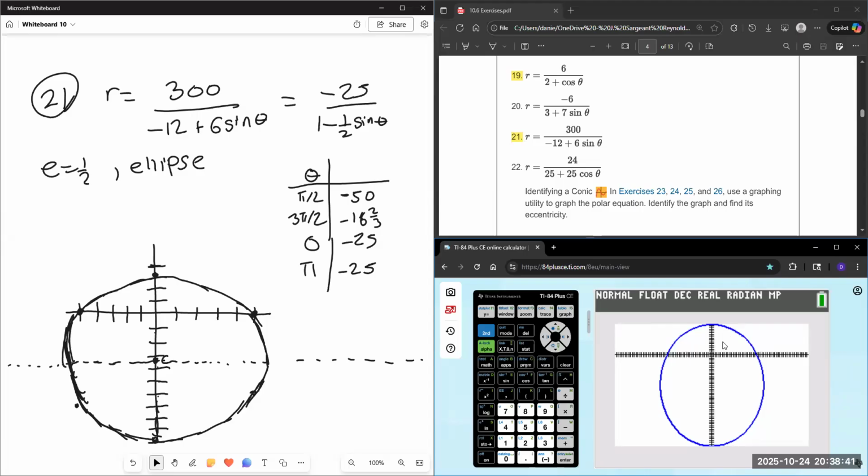And I already mentioned that by putting the focus there at the pole, you ensured that either your x-axis or your y-axis was going to be your axis of symmetry, your transverse axis, or your major axis. So, all right.